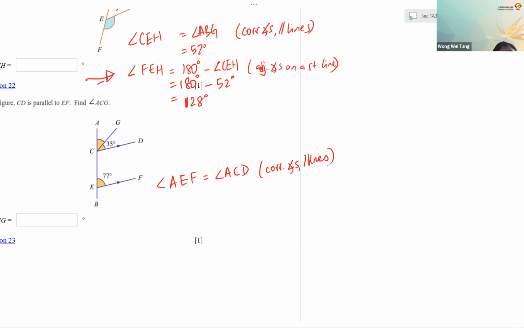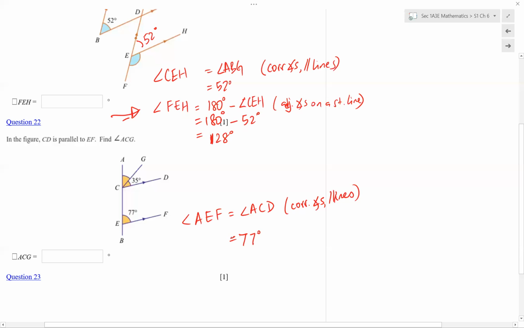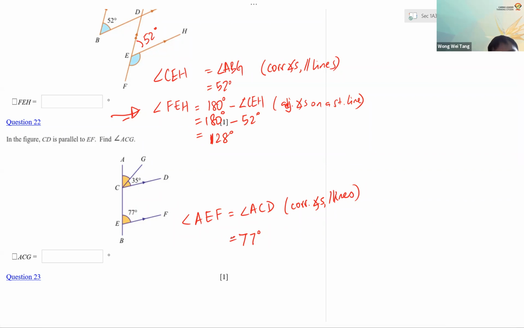So what's this angle? How much is this? 77 degrees. So what you are trying to tell me is that angle ACD is 77 degrees, right?